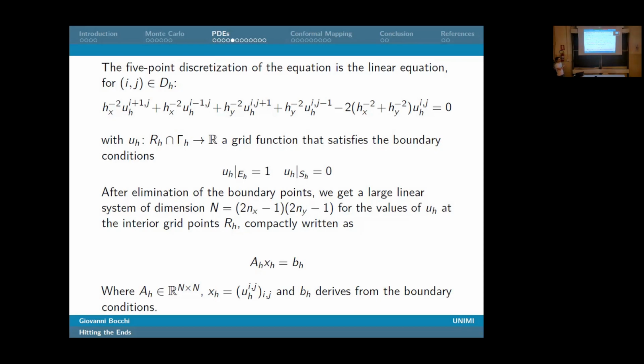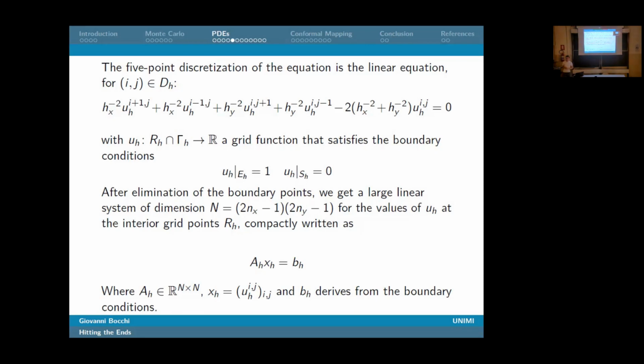So it's essentially everywhere 0, but 5 diagonals, which is strictly related with this fact that we have 5 points here. And so essentially we turn this equation into a linear system where the term b_h, the known term, is essentially what we obtain from the boundary condition. So we don't have 0 as we have in the equation, because there are the contributions of the boundary terms.